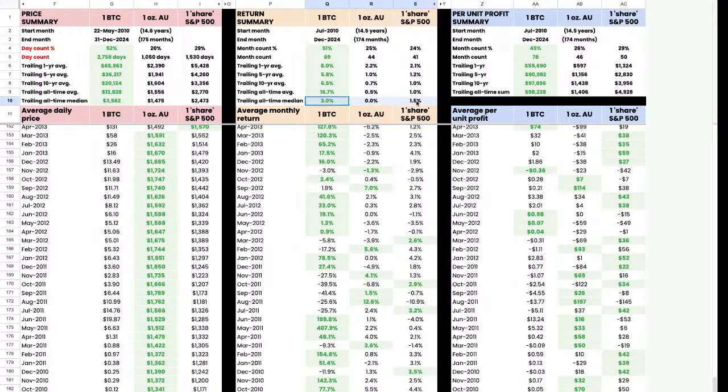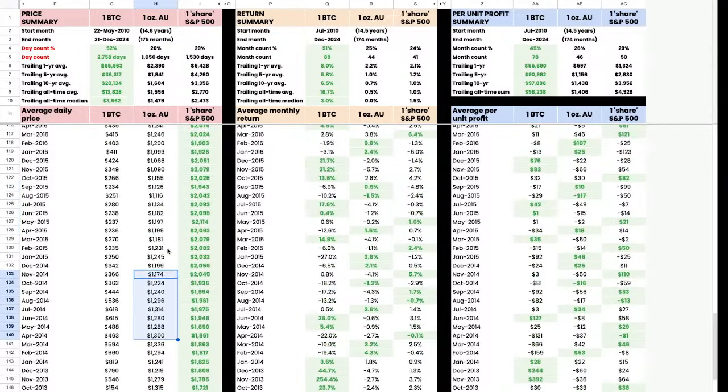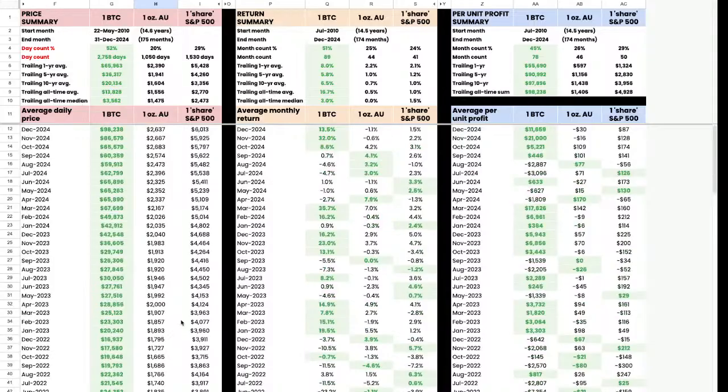And then the median, this could be a little bit more representative of Bitcoin for the all-time figure, 3%. That means you just stack up all the percentages themselves and pick the one in the middle: 3% for Bitcoin. Gold is 0. Gold is flat. Remember, gold started here at 1,200, went up, went back down to 1,100 in 2015.